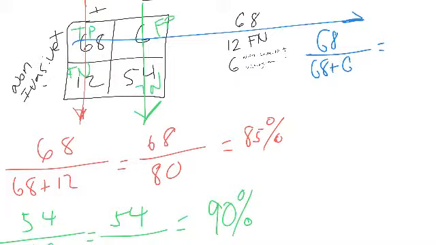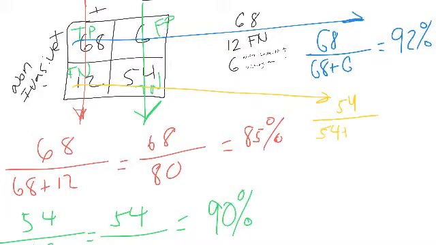What is that, about 80? 92%. Okay, 92%. And then lastly, our negative predictive value right here, very simply, is true, which is 54 over everything, which is 54 plus 12 equals what percentage? 82%.